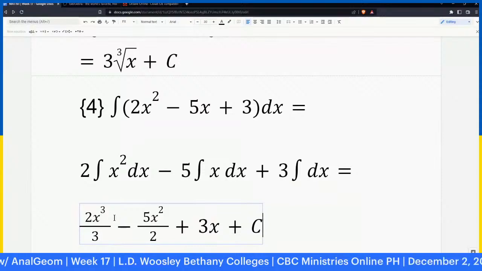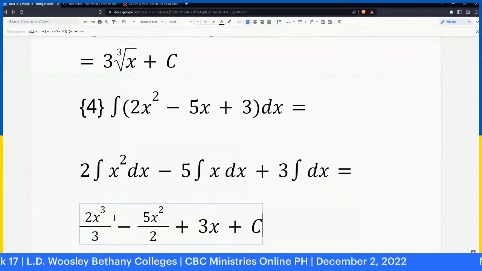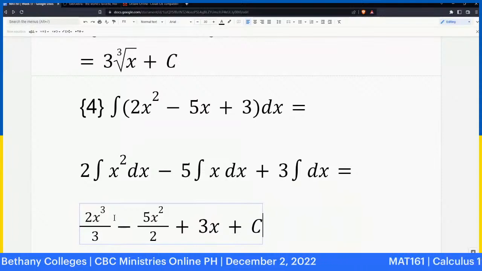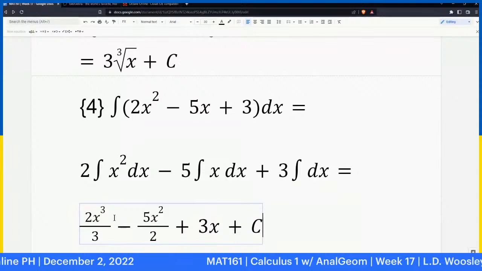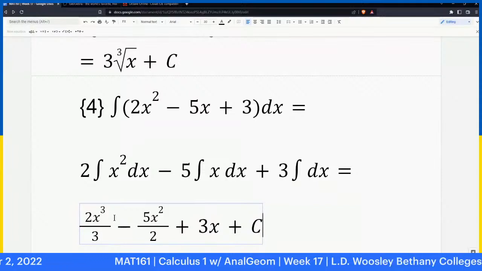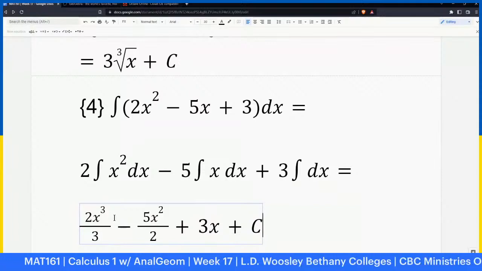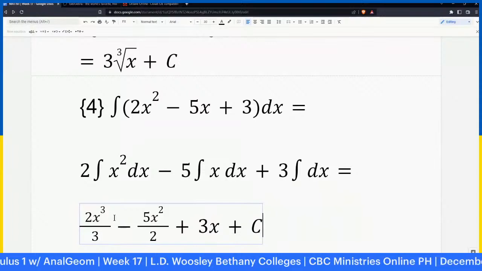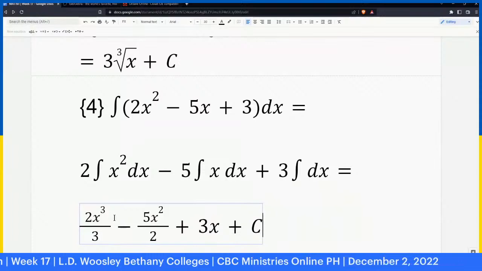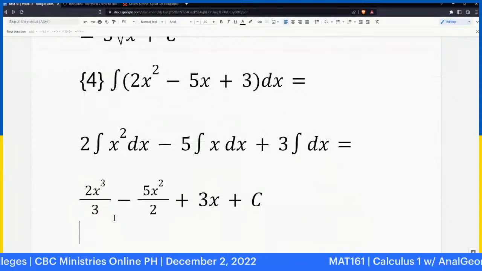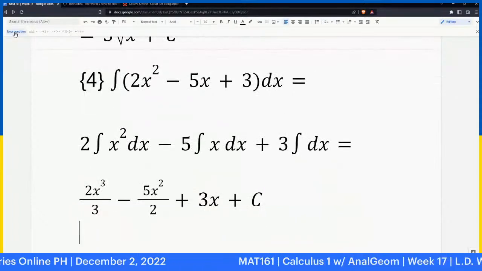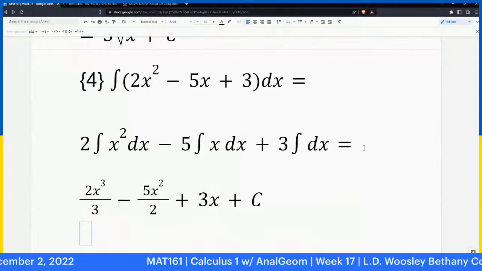So by the way, before we forget, we have a quick formula for the trigo functions. Magko-converse tayo guys. Sige, converse statement. Magsimula sa derivative.